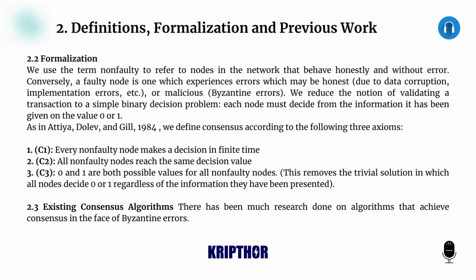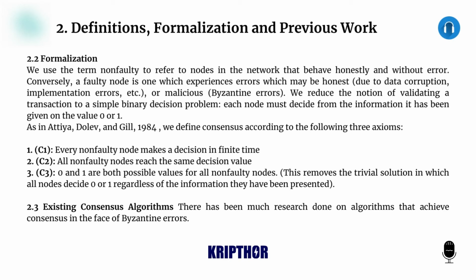2.2 Formalization. We use the term non-faulty to refer to nodes in the network that behave honestly and without error. Conversely, a faulty node is one which experiences errors which may be honest, due to data corruption, implementation errors, etc., or malicious, Byzantine errors. We reduce the notion of validating a transaction to a simple binary decision problem. Each node must decide from the information it has been given on the value 0 or 1.